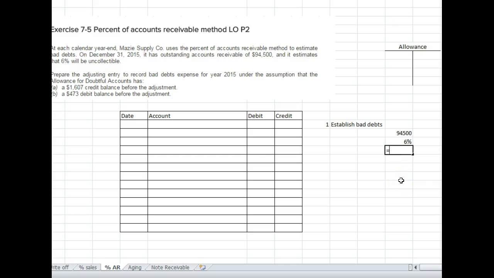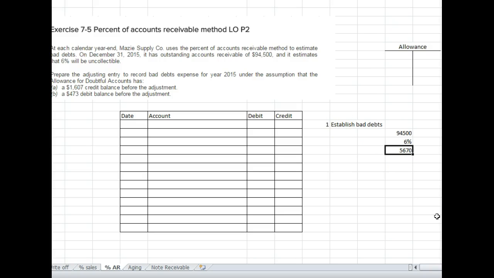So the amount uncollectible is going to be 94,000 times 6%, so the overall bad debts is going to be 5,670.